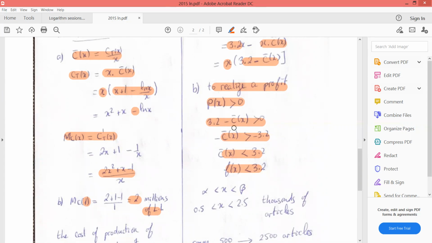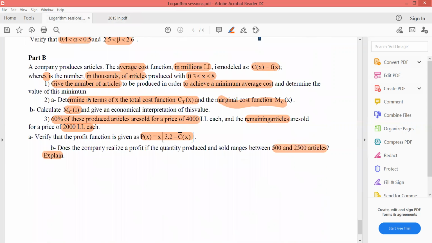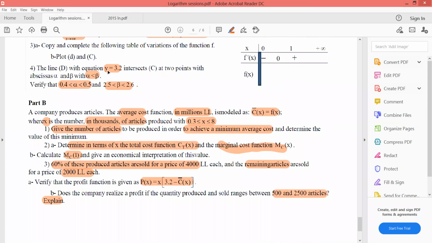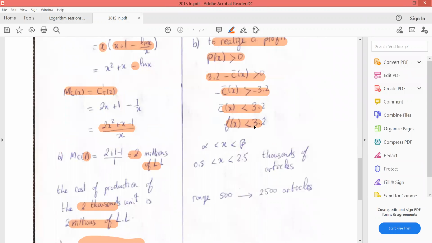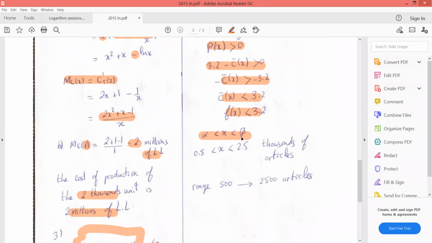If we go back to the line D of equation y equals 3.2, it has two roots. So c bar of x less than 3.2 means x is between alpha and beta.